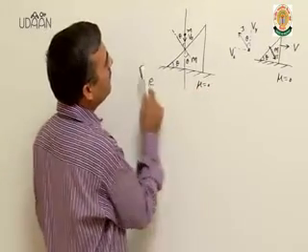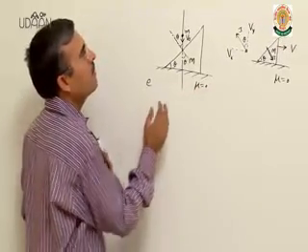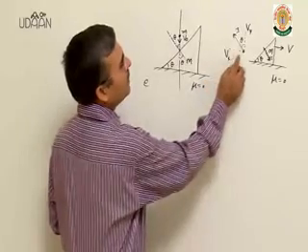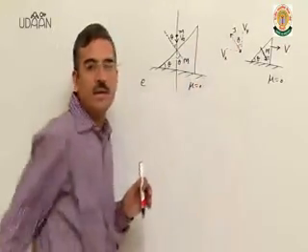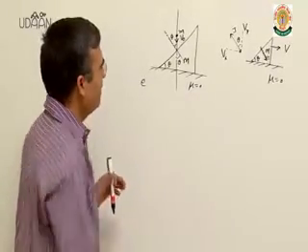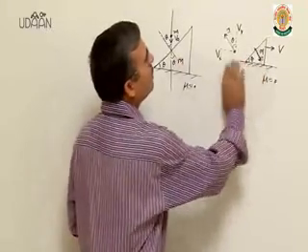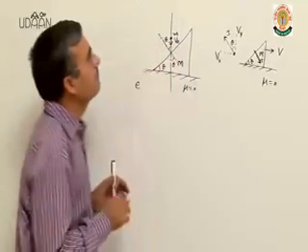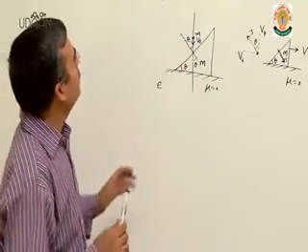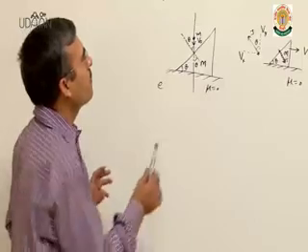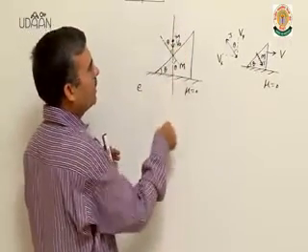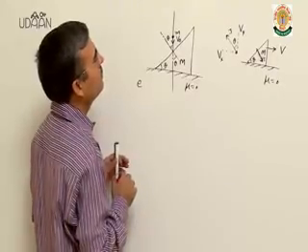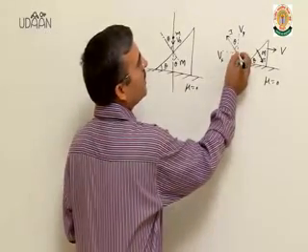Now after the impact, let the velocity of the small m ball have a horizontal component vx and a vertical component vy, and the wedge is moving horizontally in this side. Now let us apply impulse momentum theorem on the ball. Initially the ball is moving vertically downward in this direction.